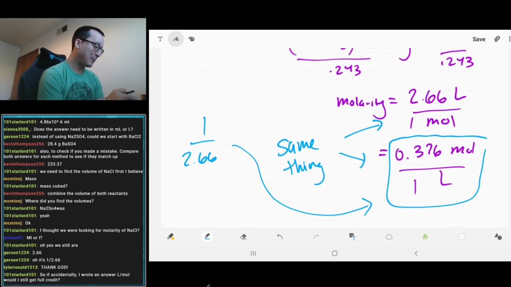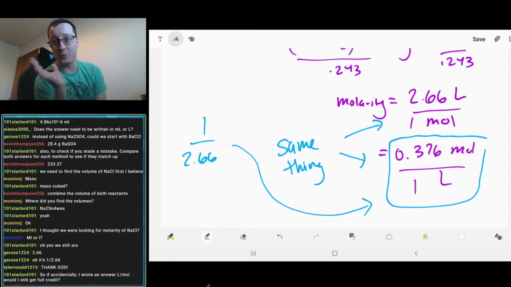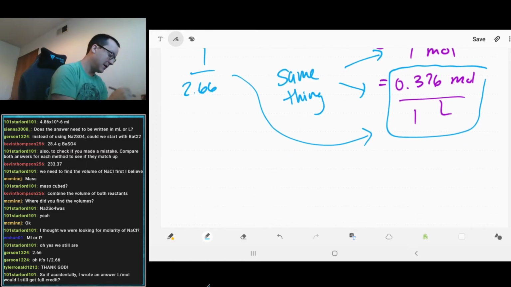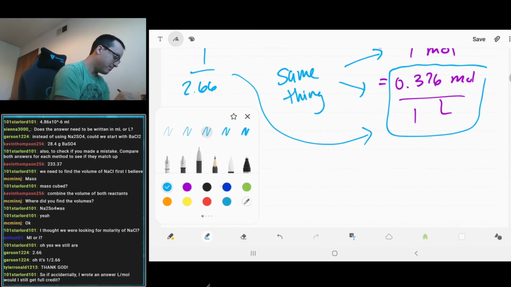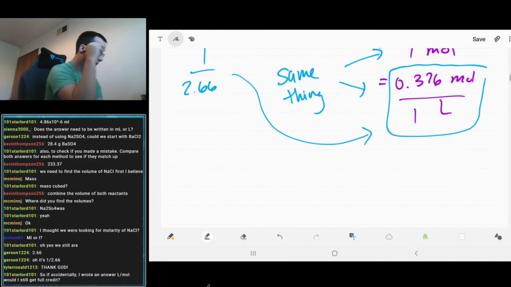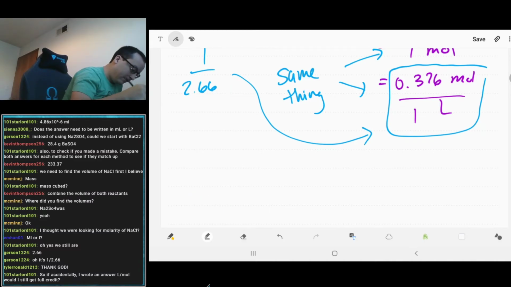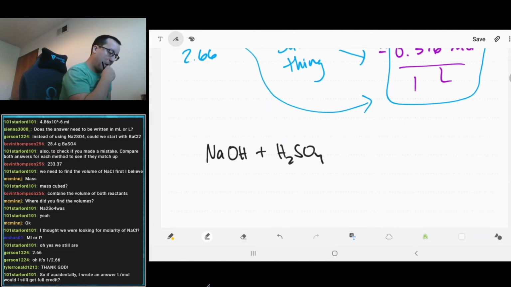So let's do another one, just in the interest of having some more practice before time runs out. So let's see. I'm just going to consolidate this stuff.